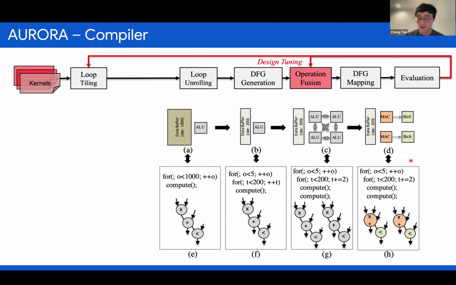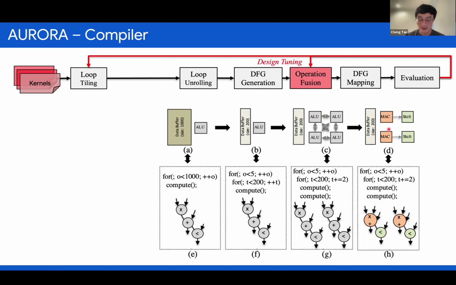And then you can do the operation fusion, like this multiplication followed by addition. You can fuse them as the MAC operation. And correspondingly, for a specific domain, if this type of operation is a common operation, right? You can fix your tile with this MAC operation, like a systolic array, instead of providing more than enough ALU functionality here.